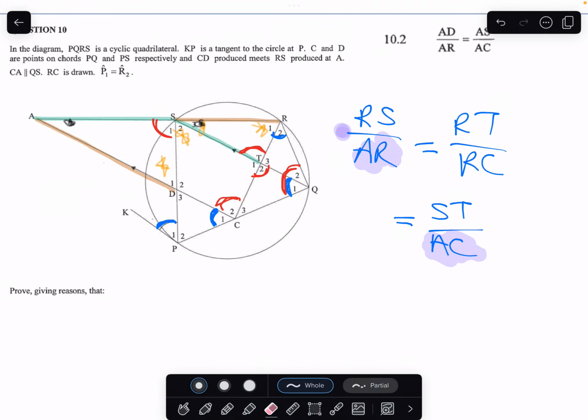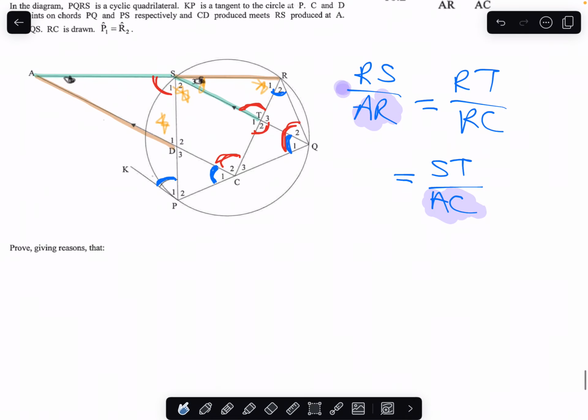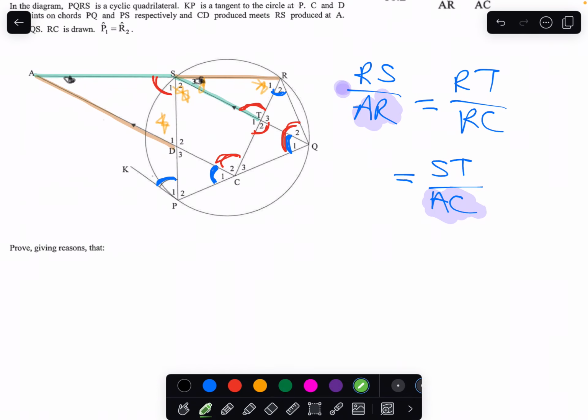Okay, right. So, okay, before I go very far, I just want to see if this does in fact do anything for me. So by showing that these two triangles are similar, so we now have triangle SDA is similar to triangle TRS, right?